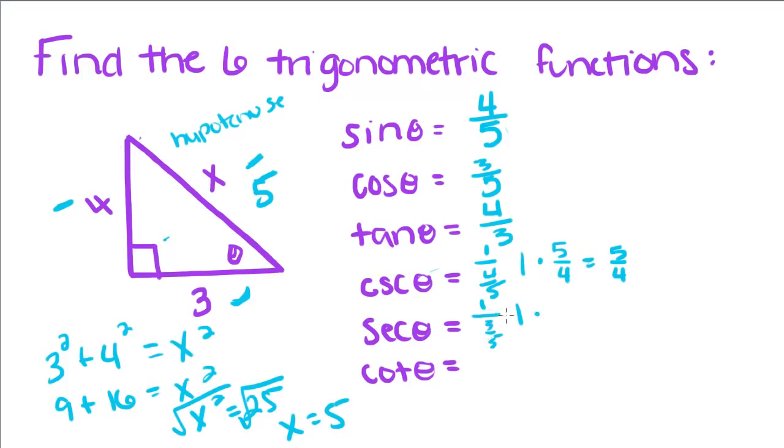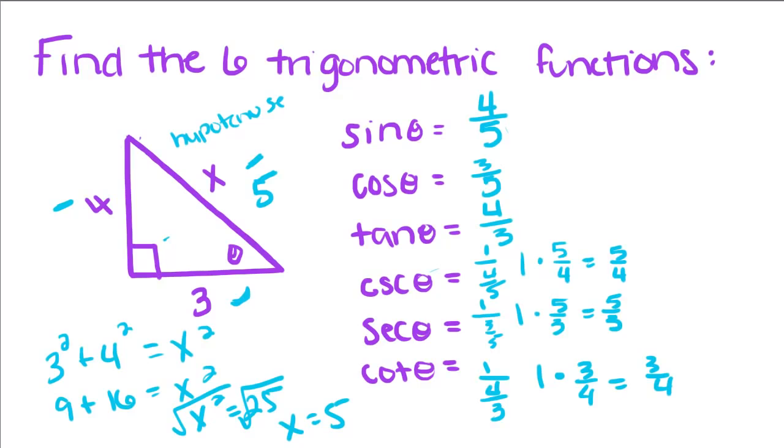So 1 times, we're going to keep this, change the sign, flip the fraction, and get 5/3, or hypotenuse over adjacent. We do the same thing with cotangent, so 1 over tangent, keep the top, change the sign to multiplication, flip the fraction, and get 3/4, or adjacent over opposite.